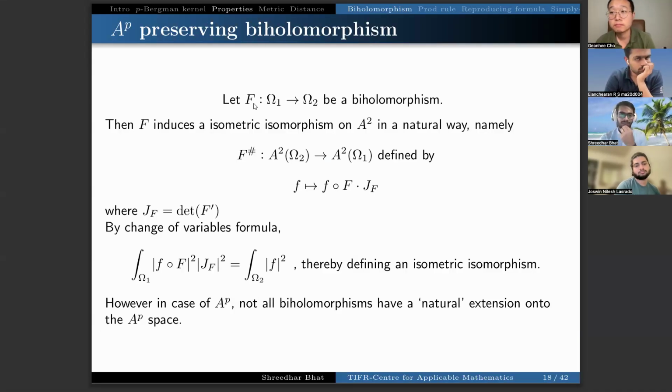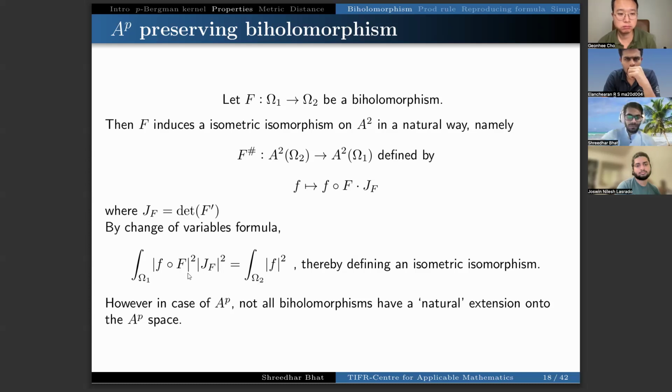You can see this in this fact also. If you start with a biholomorphism f from omega 1 to omega 2, then it induces a natural isometric isomorphism from A^2. So you have this f hash from A^2 of omega 2 to A^2 of omega 1, and you can define it in this way. In fact, if you write the change of variables formula, you can see that f composed with f, multiplied with J_f squared, will be f squared over omega 2.